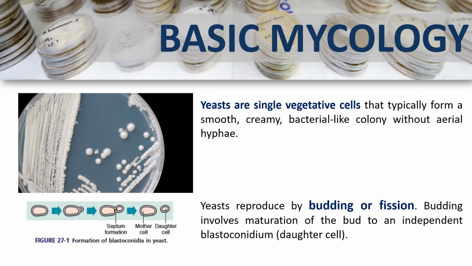So we're done with the mold form, class. So next is you have your yeast. So yeasts are single vegetative cells that typically form a smooth, creamy, bacterial-like colony without aerial hyphae. So if you observe this one, class, in a culture media, para siyang bacteria. Pero if you observe that one in a microscope, para siyang cocci, class, pero large.